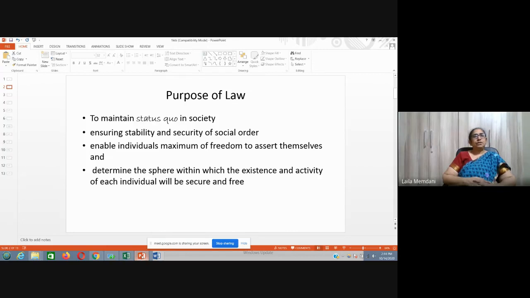The social order which is existing must be preserved and protected, and the stability must be there to enable individuals maximum freedom to assert themselves and to determine the sphere within which the existence and activity of each individual will be secure and free. So, if there is no law, then the activities of individuals will not be secure and free.